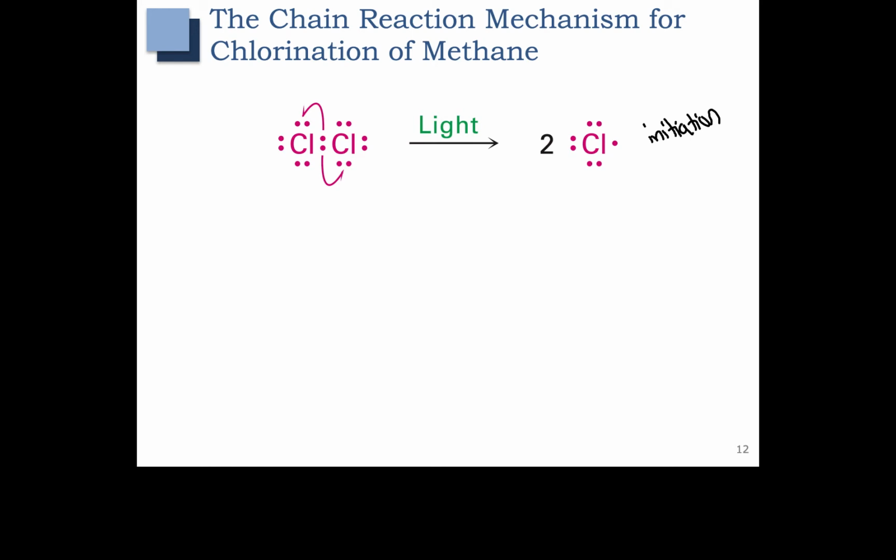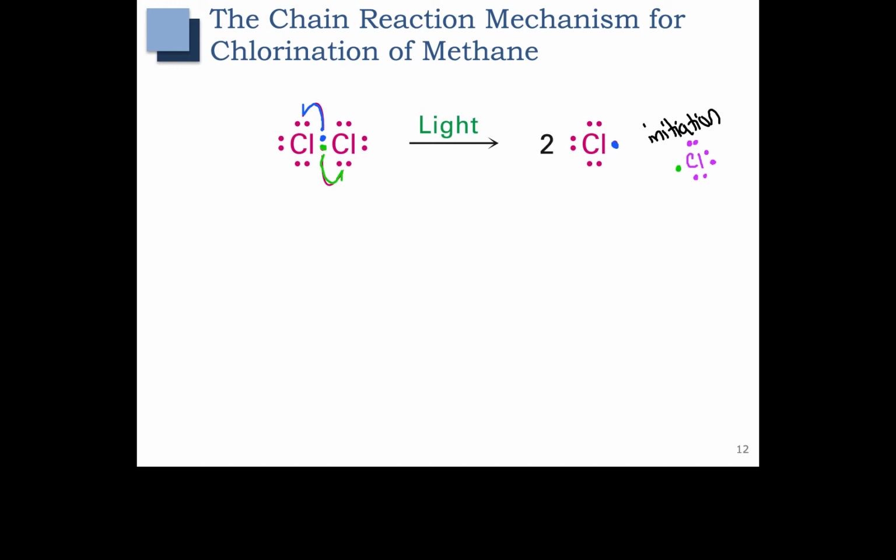So you can see over here we have the chlorine-chlorine bond, and one electron goes to one chlorine, and the other electron goes to the other chlorine. And so those are our two chlorine radicals.